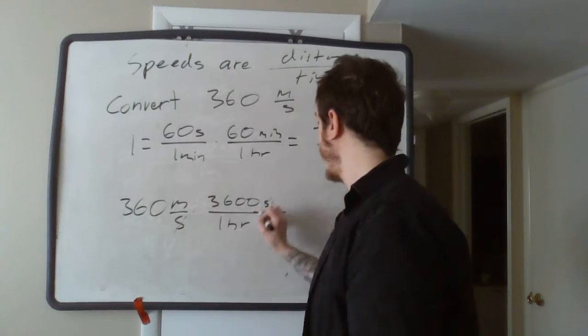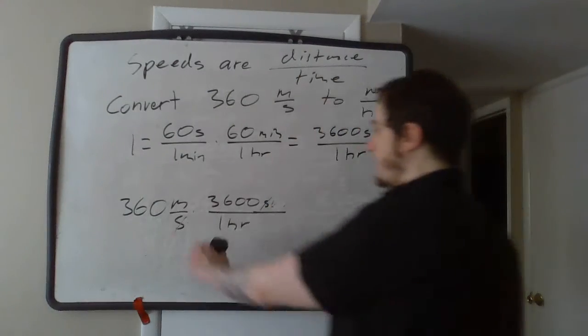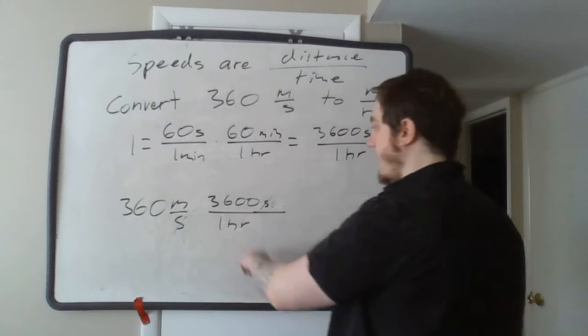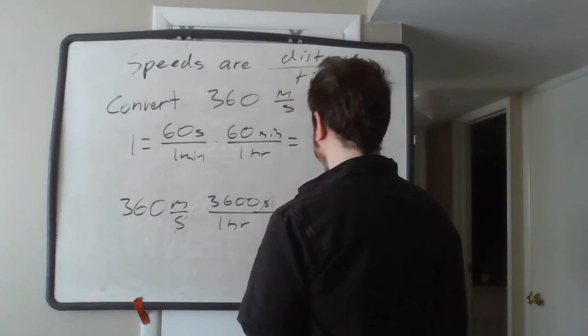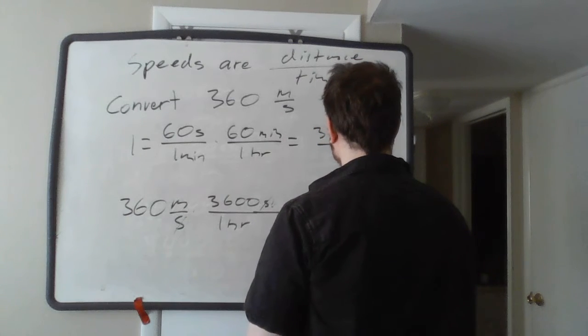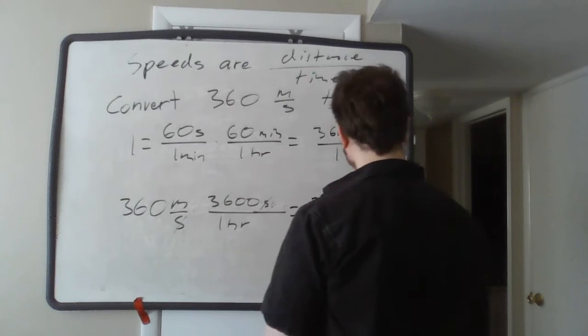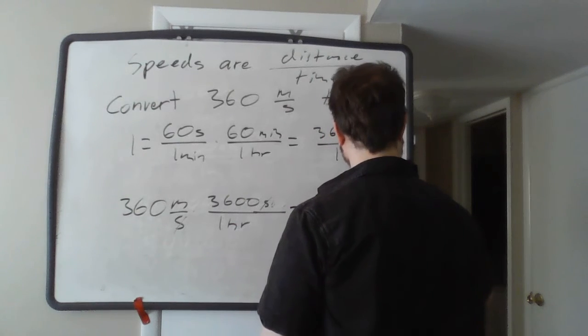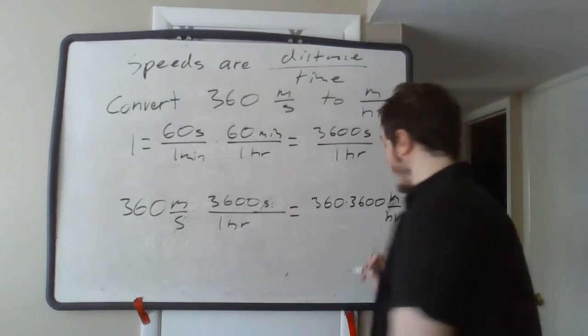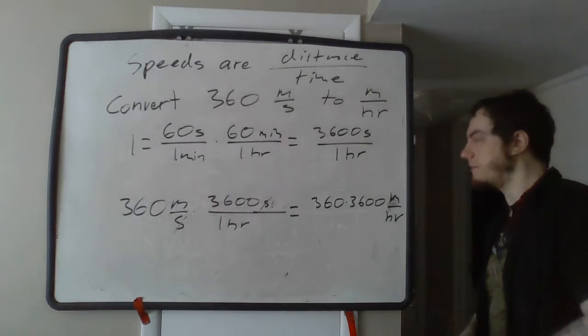The seconds are going to cancel, and we are left with meters in the numerator and hours in the denominator. So this is going to become 360 times 3,600 meters per hour. Sorry, I wrote down the wrong units there for a moment.